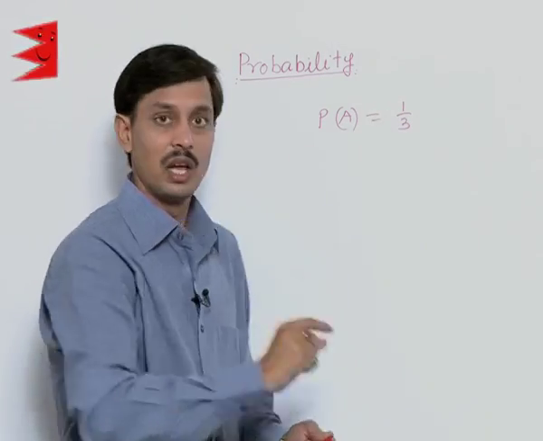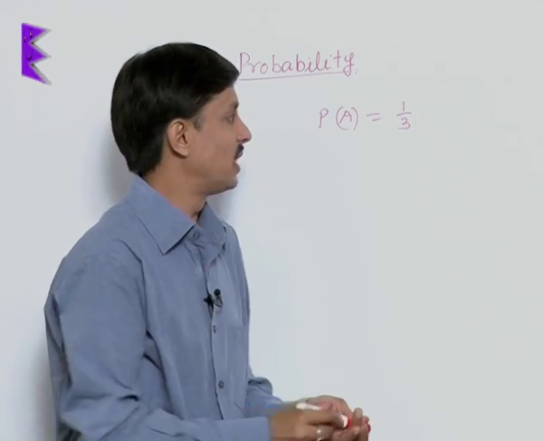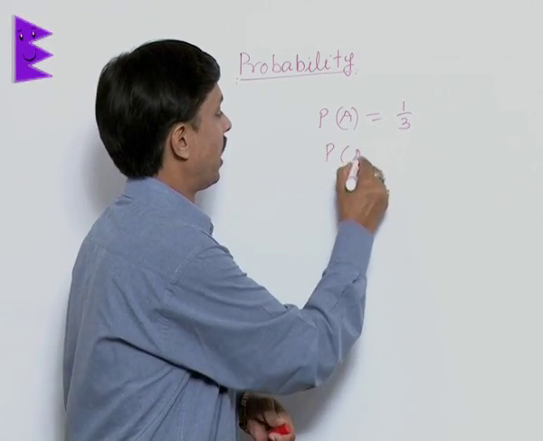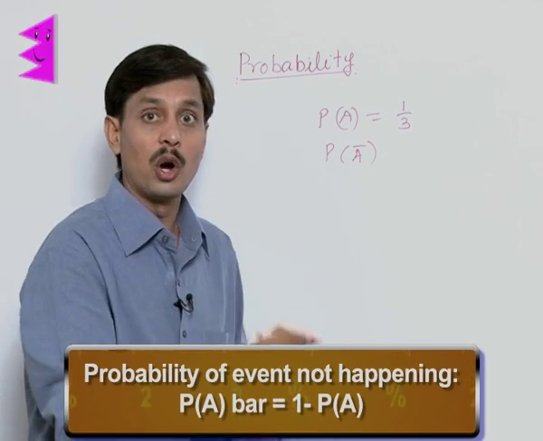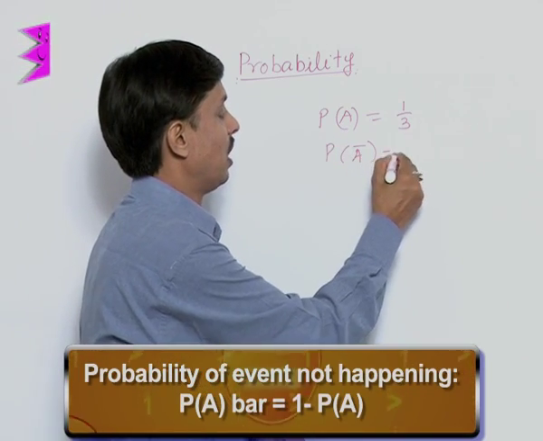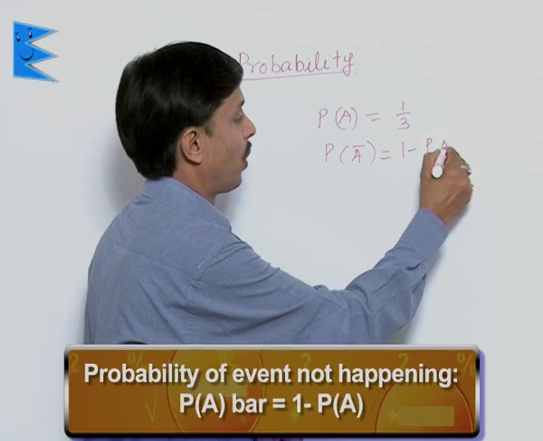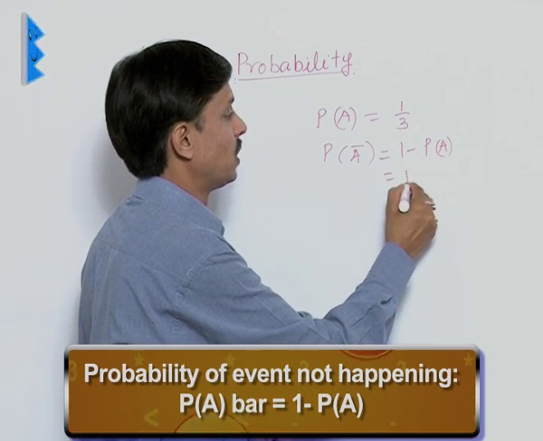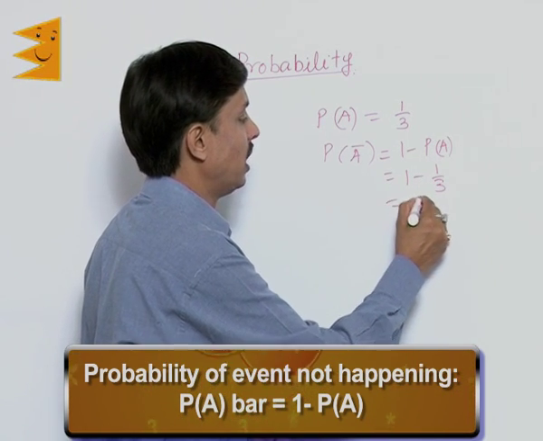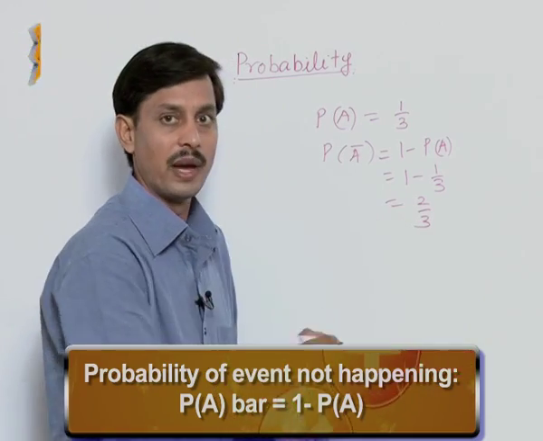What is the probability that the work will not be done? The probability of not happening is denoted by A bar. It is 1 minus probability of A. So this becomes 1 minus 1 by 3, and the answer is 2 by 3.